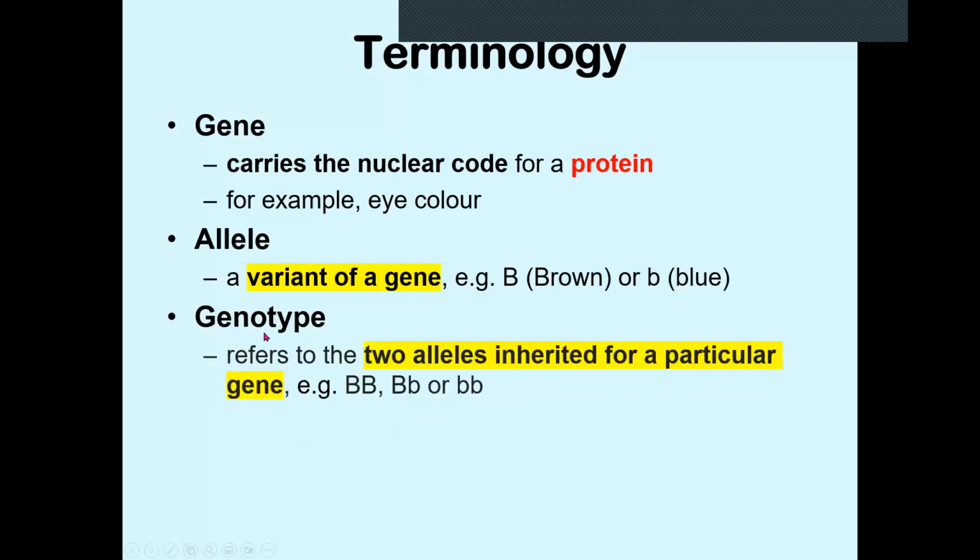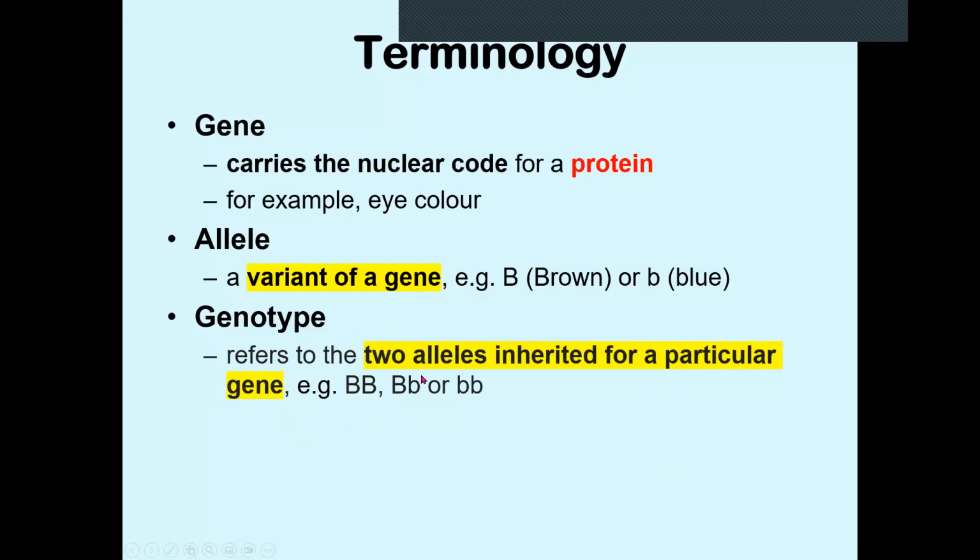The genotype is what genes we have. Now notice here I put the brown in the capital, big B, and a blue in little b. And the big B is dominant to the little b. So if you have one big B and one little b, you would see the brown color.